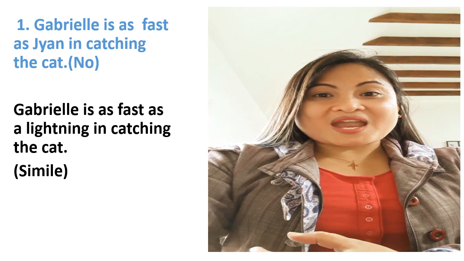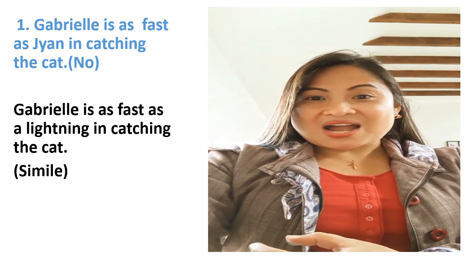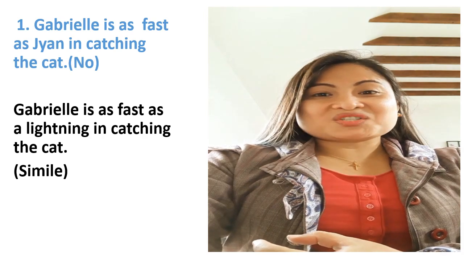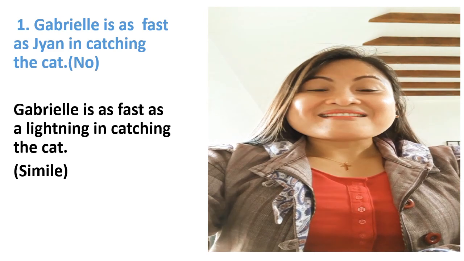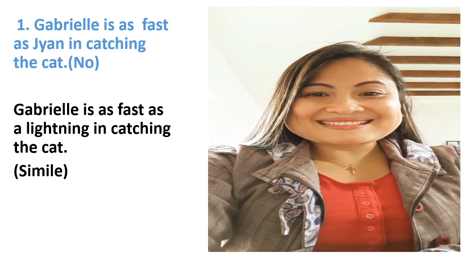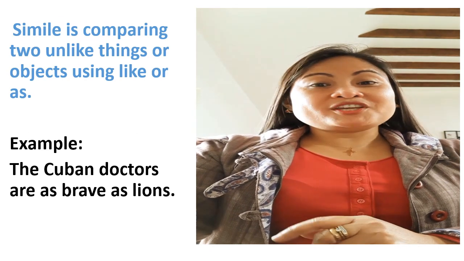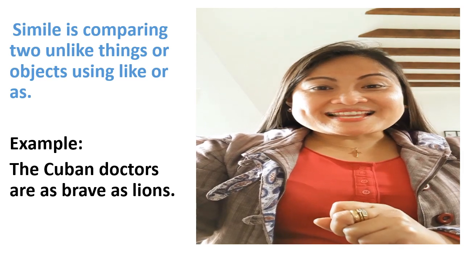We are comparing two unlike things. Now, what is the common characteristic of Gabrielle and the lightning? They are both quick or fast. What type of figurative language is this? This is an example of simile.